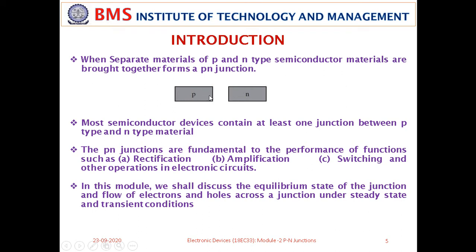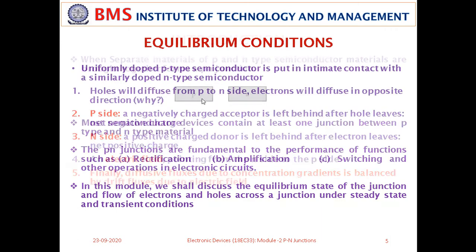This electric field now causes drift current. Can you tell me the direction of drift current? Opposite to the first one, sir. Yes, opposite to the diffusion current. We said that diffusion current is flowing from P to N. Now drift current will flow from N to P. Now in equilibrium condition, what happens?